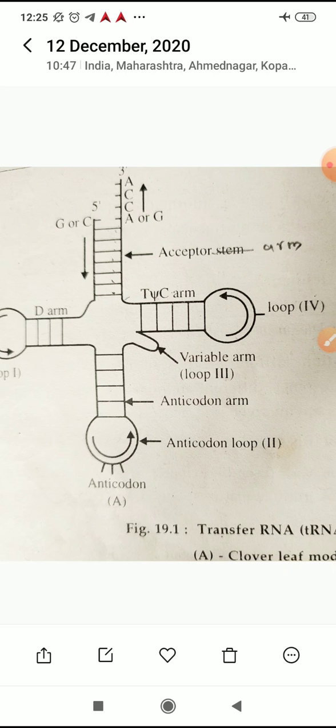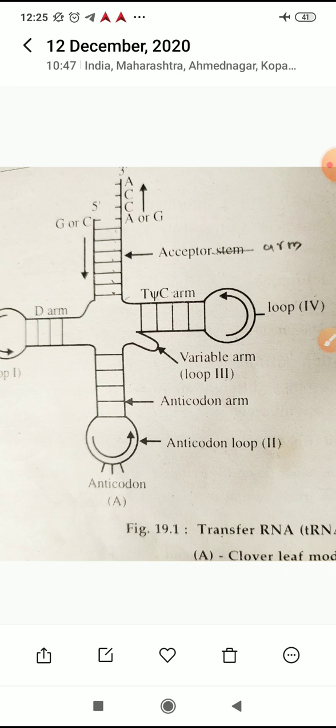I have just told you that tRNA is having about 73 to 94 nucleotides in its structure. Its molecular weight ranges between 25,000 to 30,000 Daltons. Remember, molecular weight is always measured in Daltons. This RNA, tRNA, is synthesized in the nucleus on DNA template. tRNA molecule is single stranded and looped or folded about itself that we have seen just now, and it looks like clover leaf.